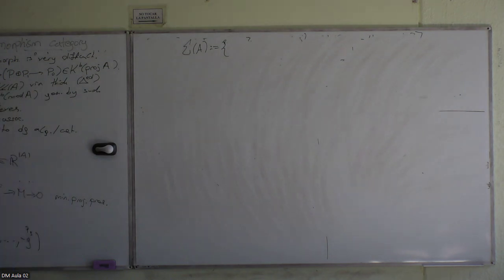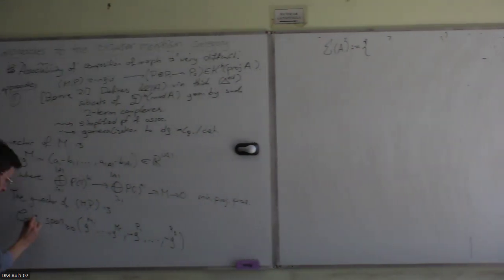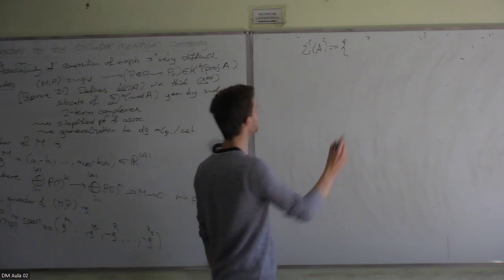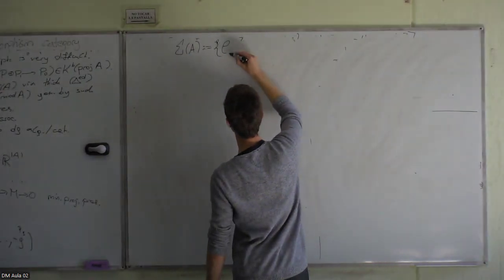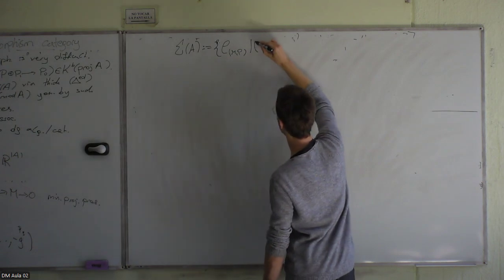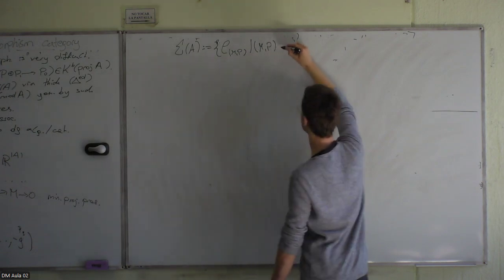So we call this C of MP, this non-negative linear span. And now we look at all of these cones for all the tau rigid pairs.